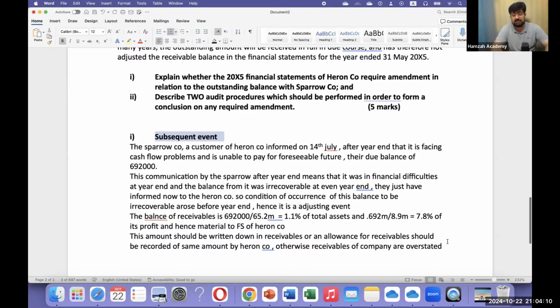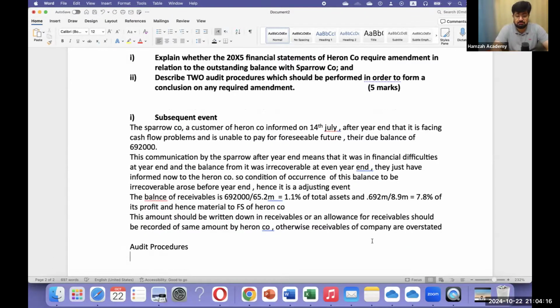Now, the next point is audit procedures. Two procedures only. Very easy. Recoverability. So first of all, review correspondence. How to verify recoverability?